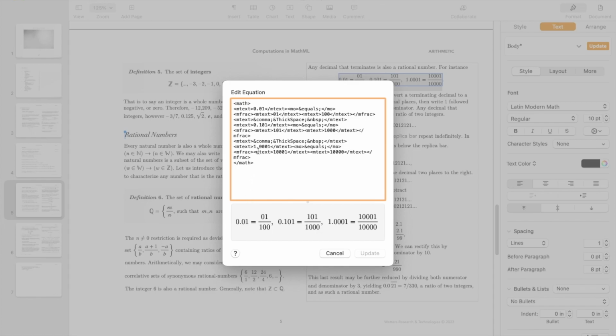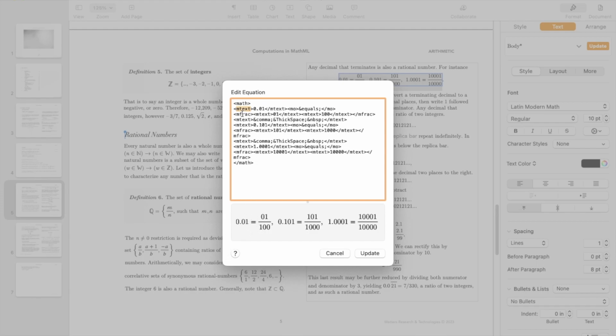And I should point out that even though these should really be MN tags, let's see why. Oh yeah, so I remember. There's a reason why I'm doing mtext tags as opposed to MN tags. It has to do with the font rendering.